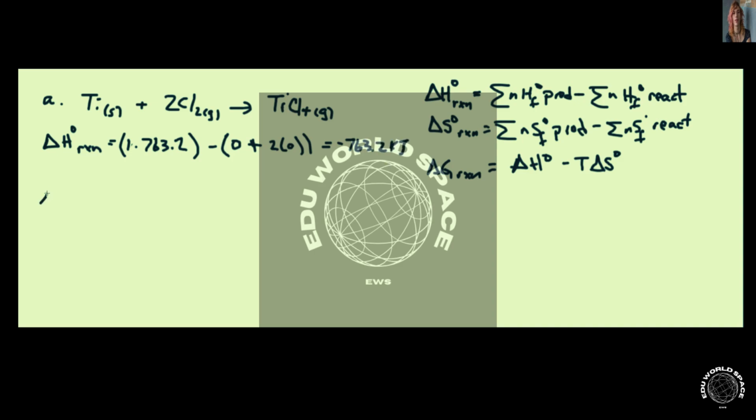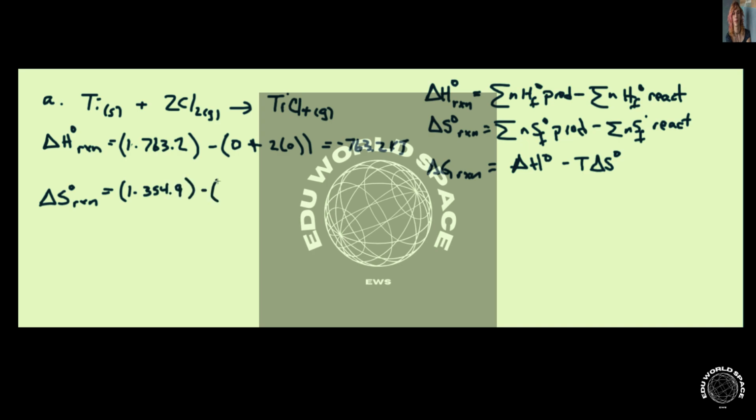When we go and do the delta S of reaction, we're going to do the same thing, but the values will not be 0 for the entropies of the elements in their natural state. So the entropy for the titanium tetrachloride is 354.9, 1 mole of that.